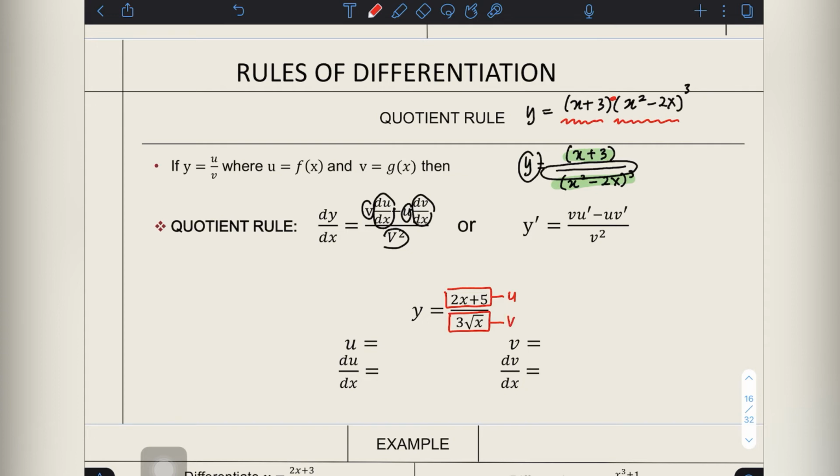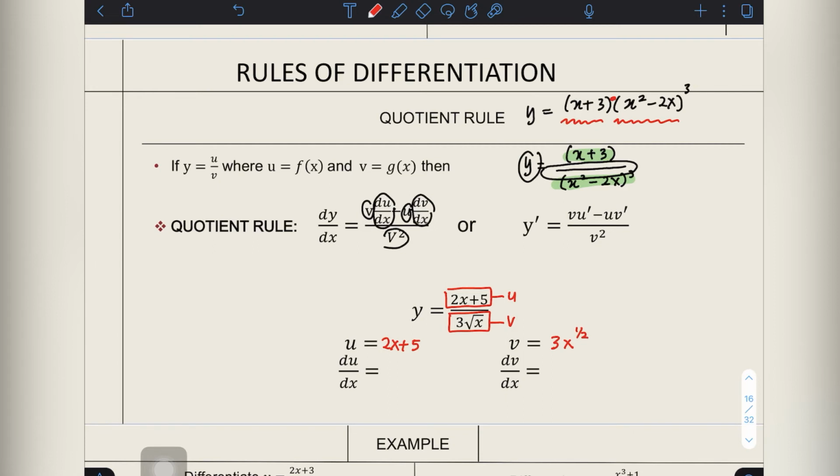So you can write what is your u and what is your v. Your u now is 2x plus 5 and your v now is 3 square root of x, but you need to remember we cannot differentiate a square root, so we need to change the square root to become a power. Square root of x will become x to the power of 1 over 2, power of half.